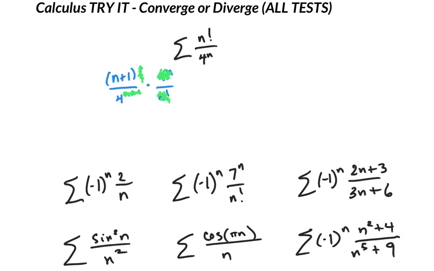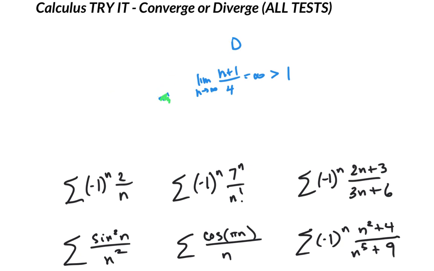So what I have left after I do my algebra is this. And with the ratio that you created, you take the limit as n goes to infinity. Well, this is infinity. That's greater than 1. And if that ratio is greater than 1, you diverge. If it's less than 1, you converge. If it's equal to 1, you've used the wrong test. You've got to use something different. Okay, let's get rid of that.